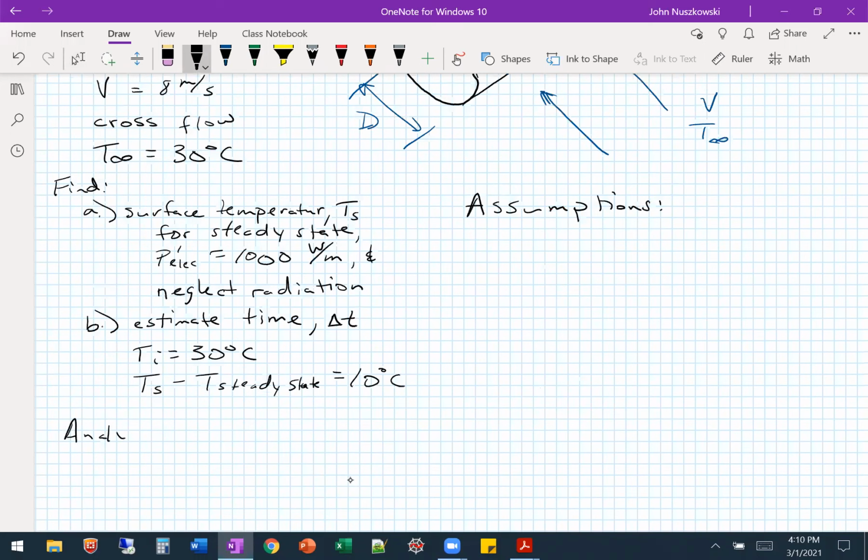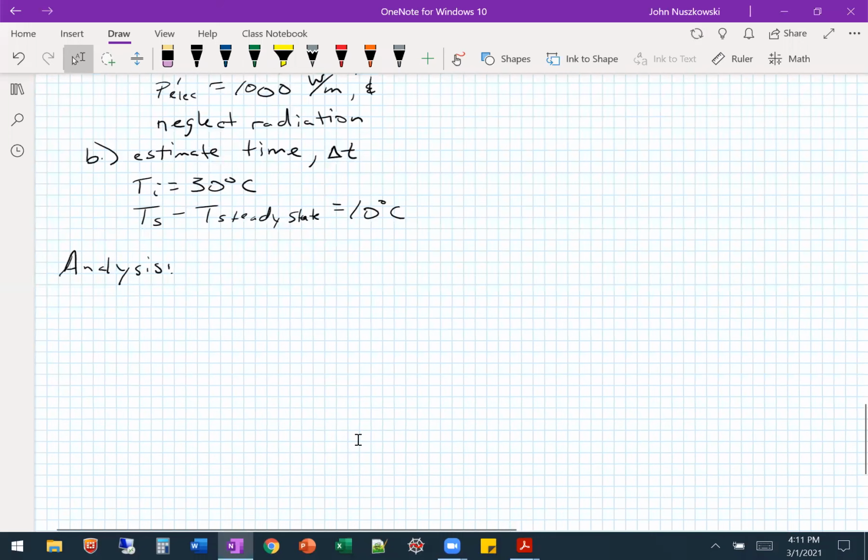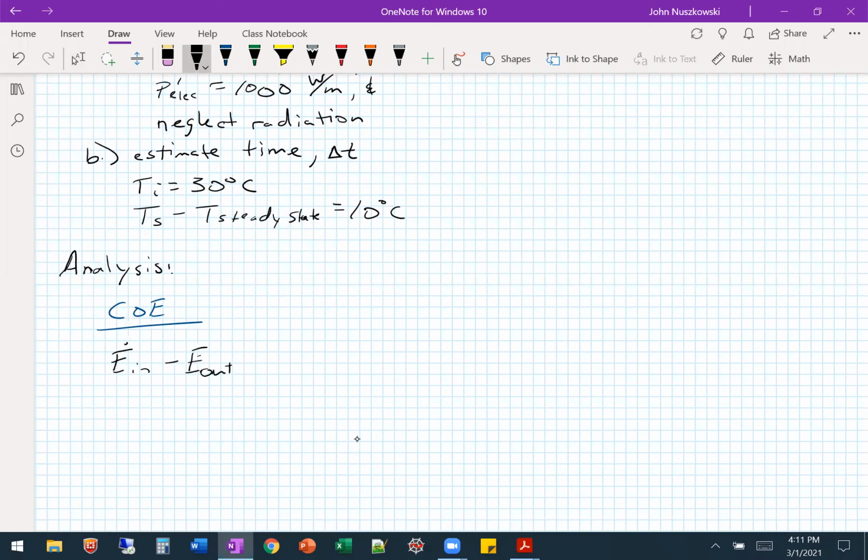So where do we begin? The conservation of energy.